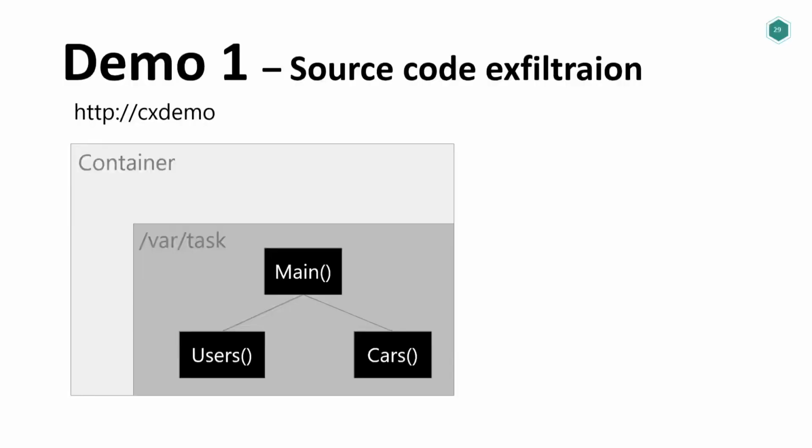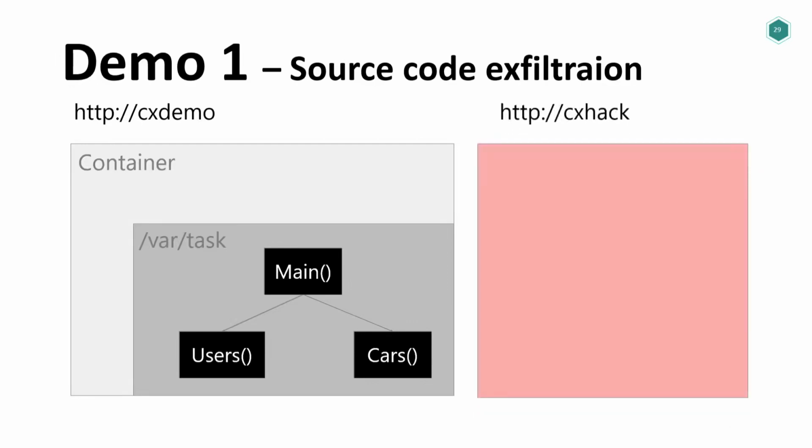Now that we know this path, we can actually take all the information in it, all the functions. Maybe we can zip them or tar them and send them to our own place. So in the Checkmarx demo, we open Checkmarx hack.